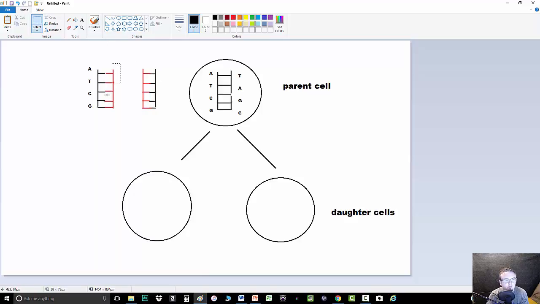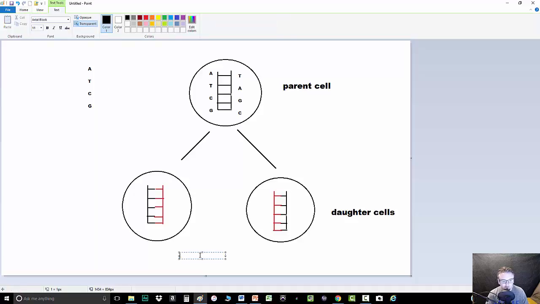When you look at the daughter cells, what would actually happen is that their DNA would be partly from the original parent and partly newly synthesized. And this is what's referred to as semi-conservative replication.